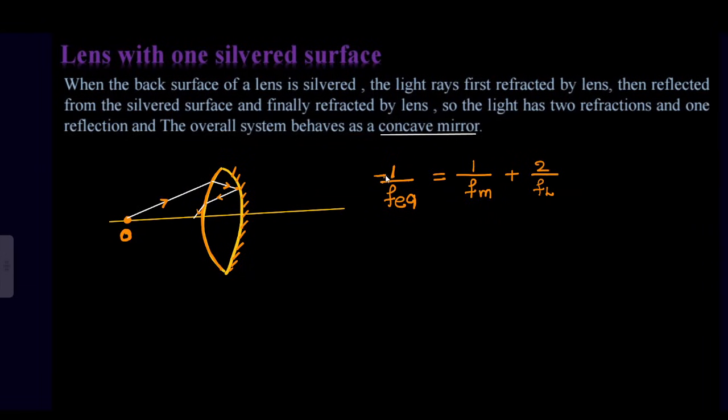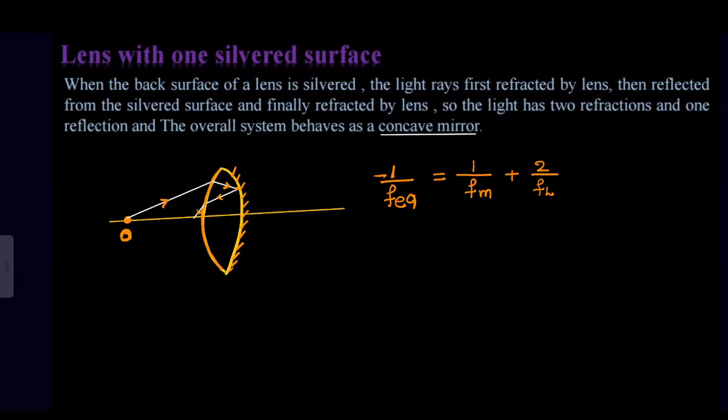That's why the equivalent focal length is negative. So minus 1 by F equivalent equals 1 by Fm plus 2 by Fl. This is the equivalent focal length.